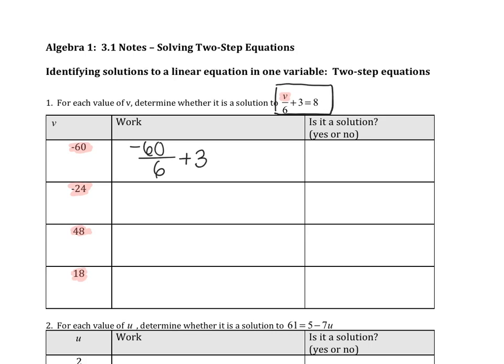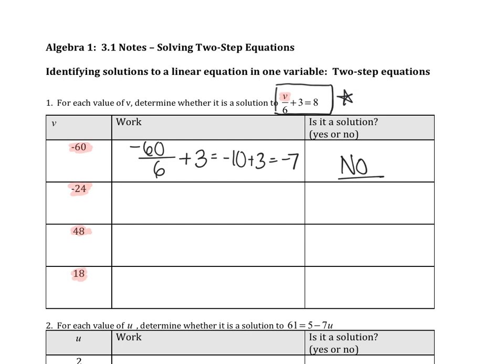Following PEMDAS, negative 60 divided by 6 is negative 10, plus 3 is negative 7. Negative 7 does not equal 8, so is this a solution? No, it is not. You're just determining if it equals 8 for this particular two-step equation.